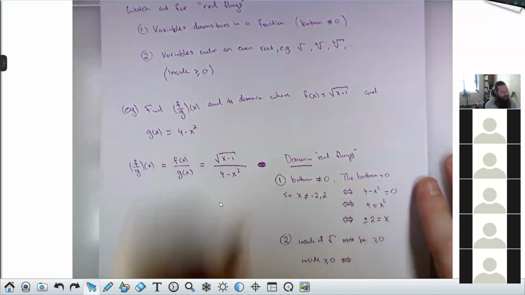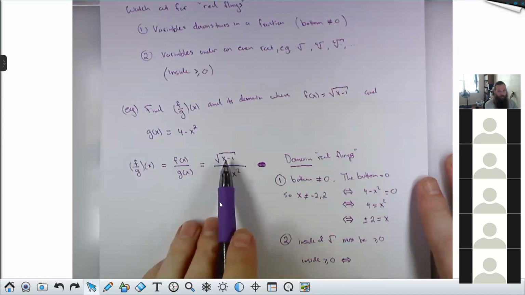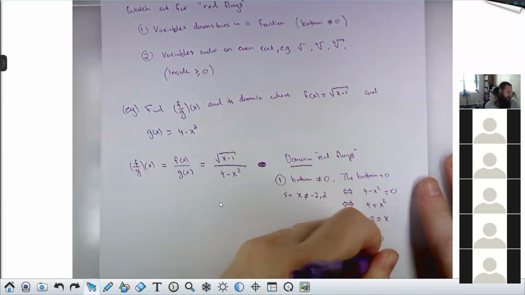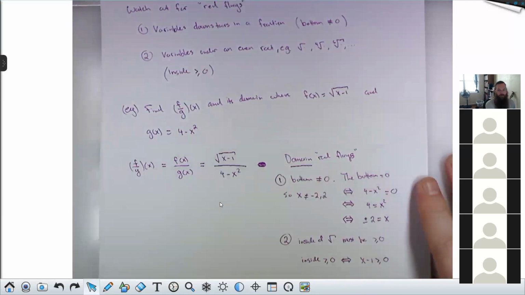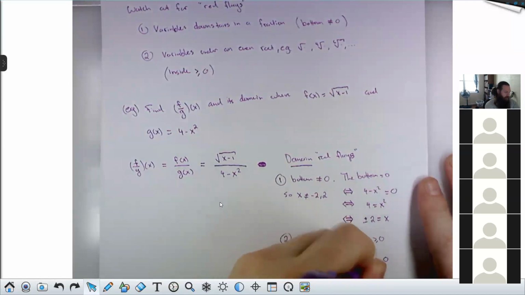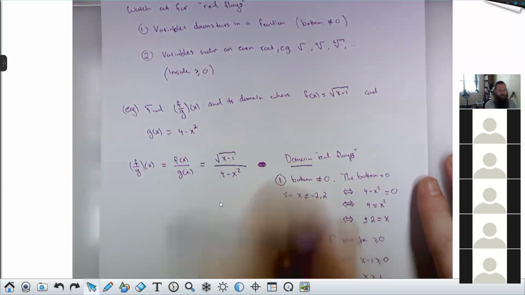Well, what do I have inside my square root? The inside of my square root is x minus 1. So here I need x minus 1 to be greater than or equal to 0. And I can add a 1 to both sides of that inequality, and I get x is greater than or equal to 1.